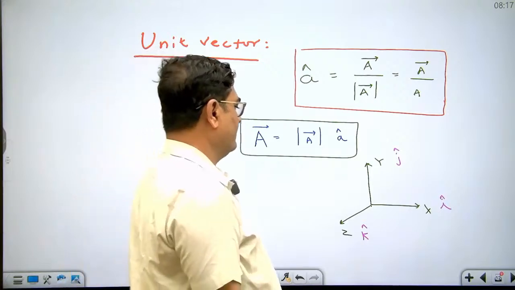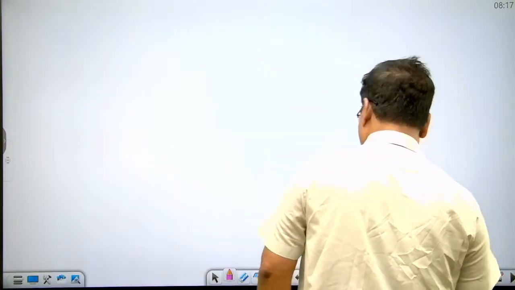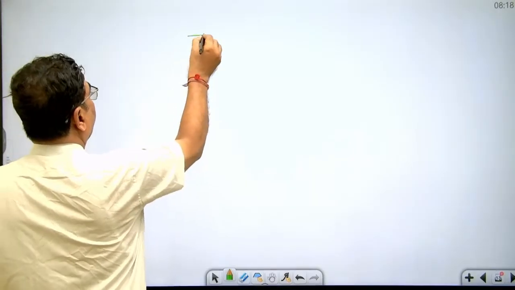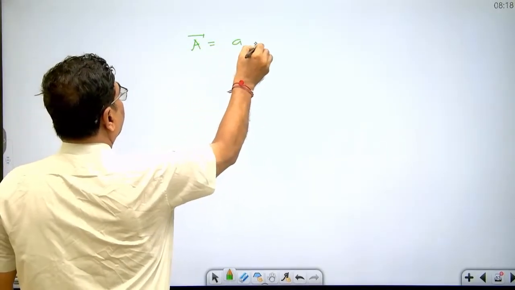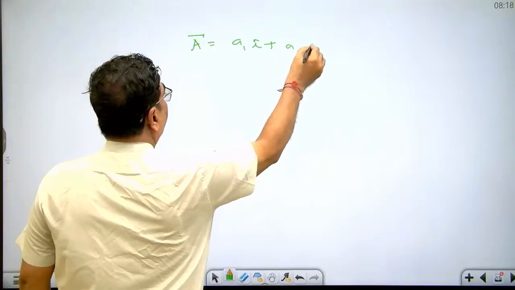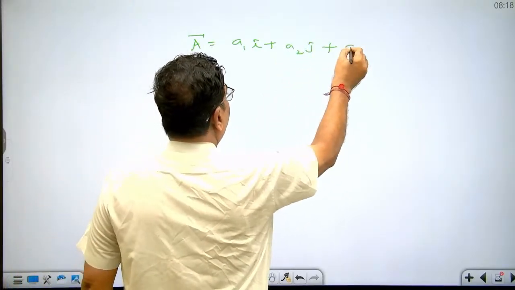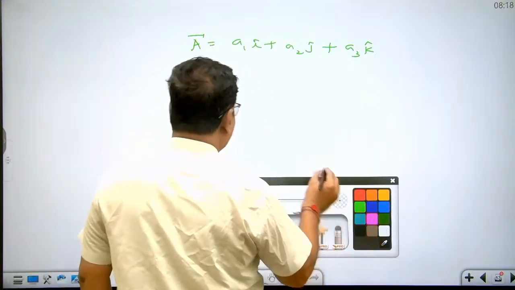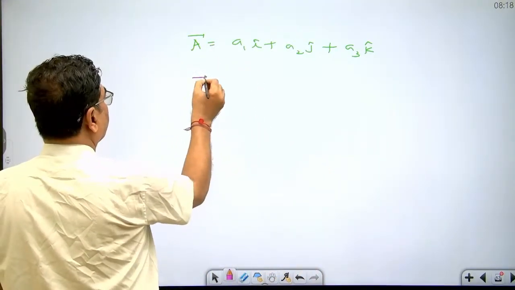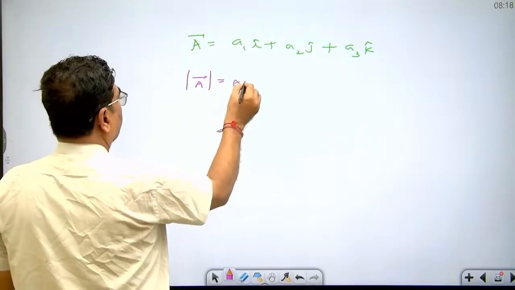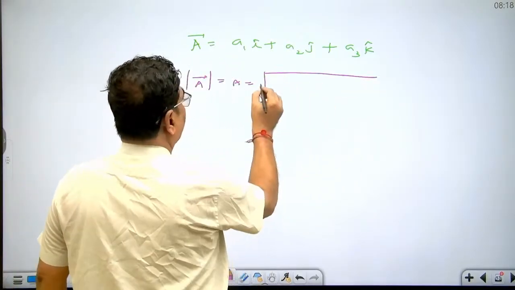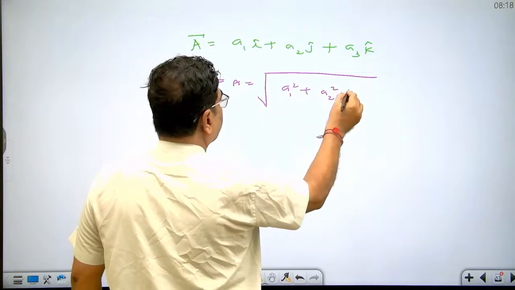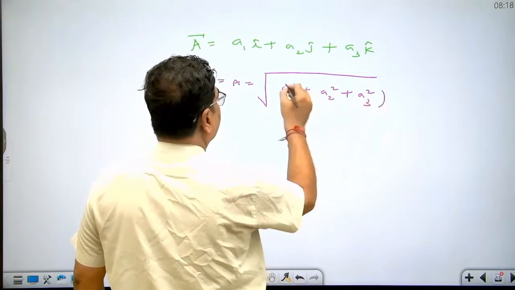Okay. And how to calculate now? Let's see one more thing. Dear student, if any vector A is written like this, A1 i cap plus A2 j cap plus A3 k cap, the magnitude of this vector is written like this: A1 square plus A2 square plus A3 square, under root.